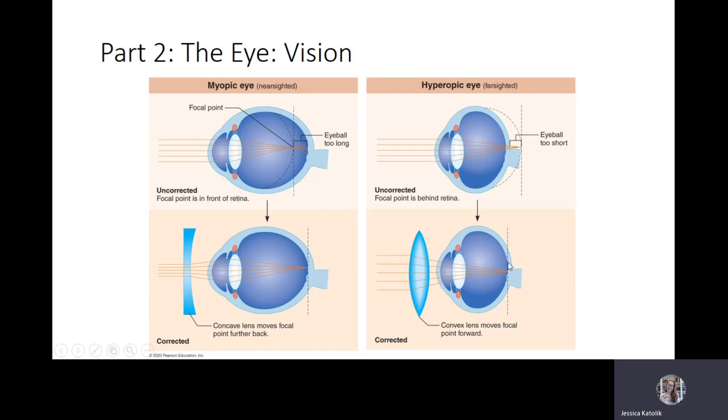And eventually that focal point will be hitting the retina, right where it's supposed to be. This will cause people's eyes to look a little bit larger when they're wearing glasses.